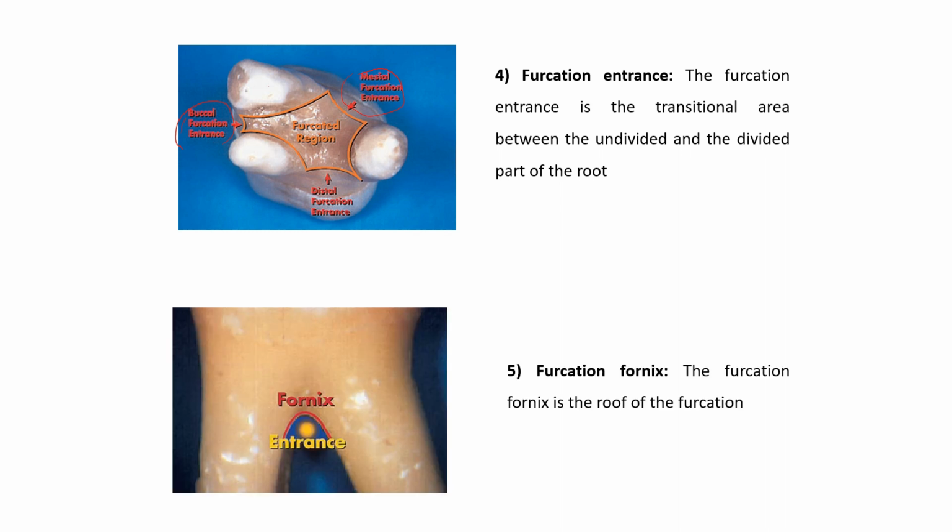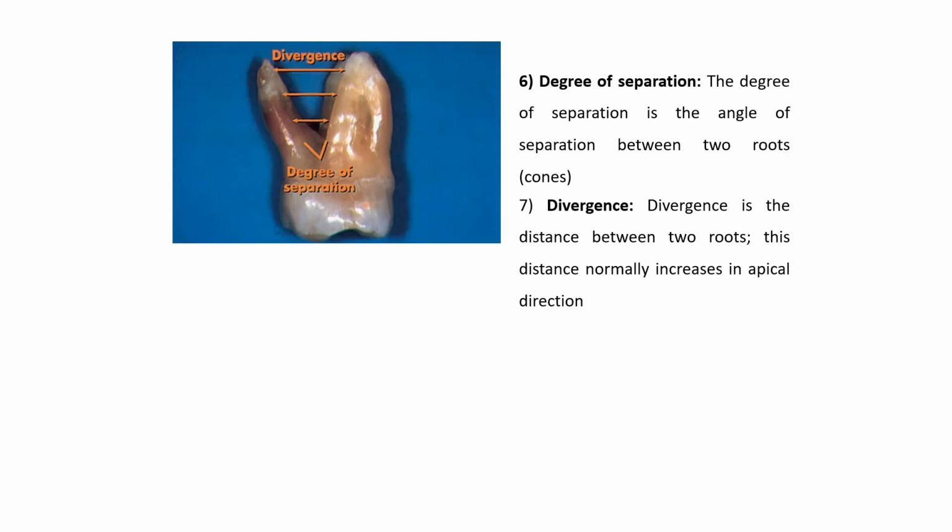Next is fornix. It is the roof of the furcation. Next is degree of separation and divergence. Degree of separation is the angle of separation between the two roots. Okay, so this degree of separation is basically the angle, and divergence is the distance between the two roots.